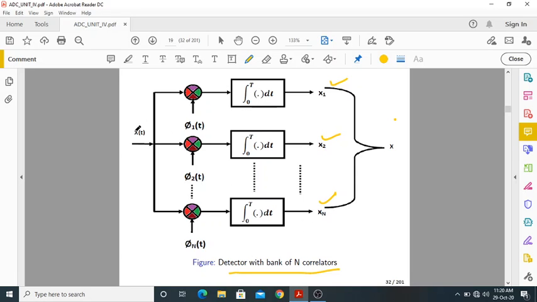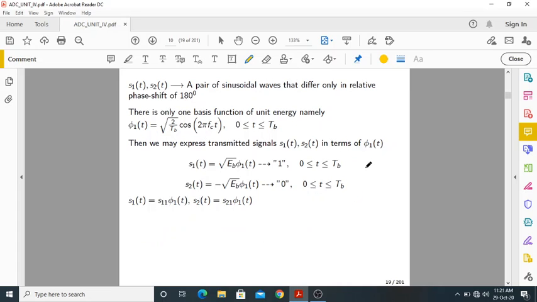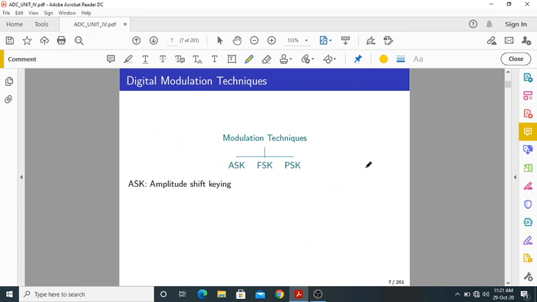So x of t is a common input to the bank of N correlators, and each correlator gives you some output. All these are together called capital X. What does capital X contain? It contains x1, x2, and so on, up to xn; it is a vector. Input is a time domain signal x of t, output is a column vector capital X. This is what the detector does.